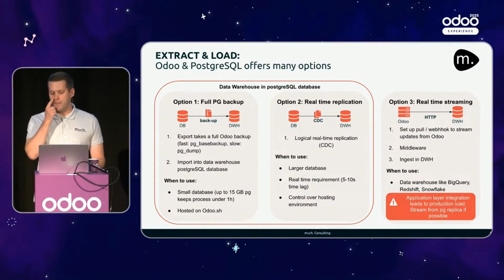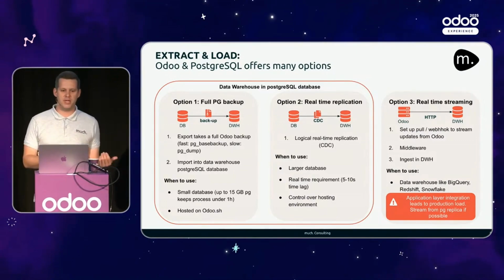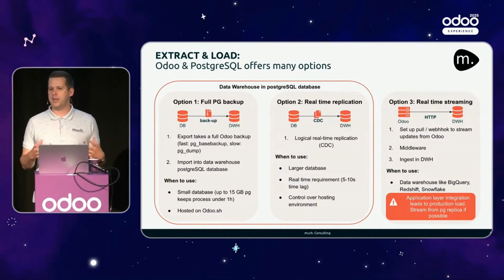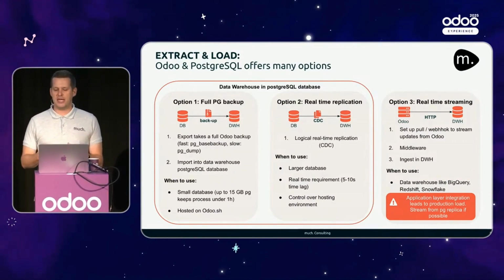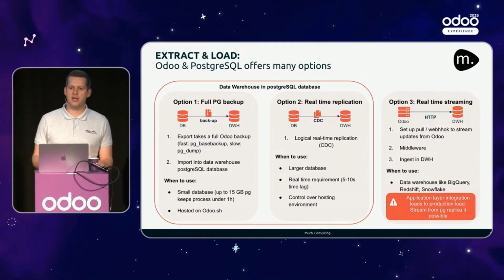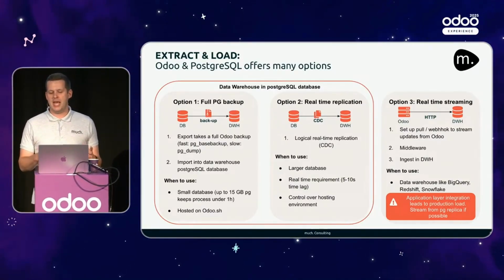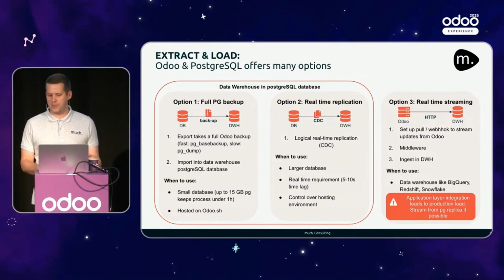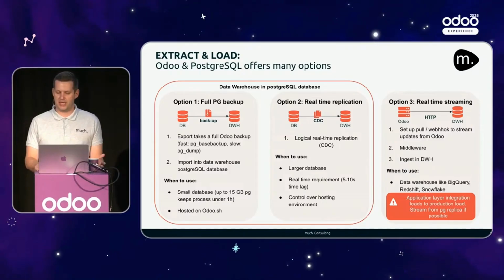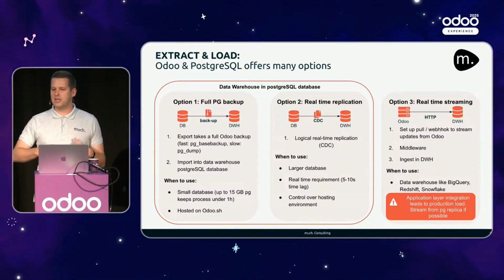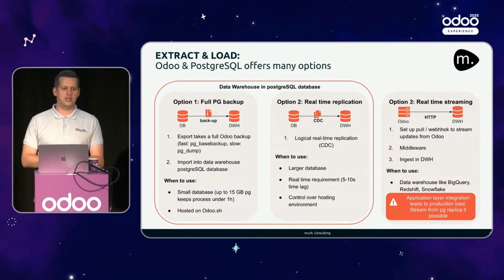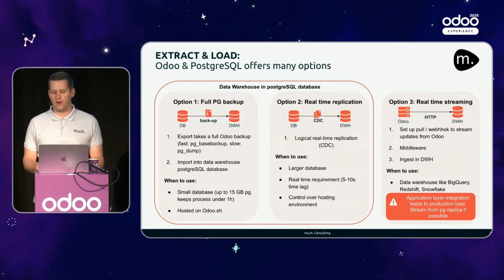And what you can do, both with a webhook, but you can also just pull from the outside, is you use the Odoo API or the webhook feature to get data, usually from some kind of middleware provider like Airbyte, for example. And you do it over the HTTP layer, and you just ingest it into your data warehouse. This would then allow you, for example, to bring all the data that you want, very granular, to BigQuery, to Redshift, to Snowflake.